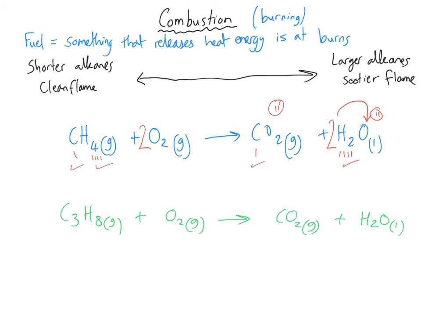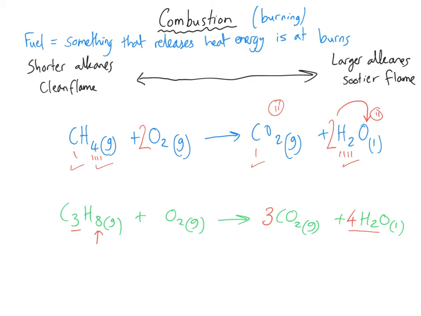If we look at this equation for propane's combustion, same idea, leave the oxygen until the end. We've got 3 carbon in the reactants, we need to have 3 carbon atoms in the products, and so we put the multiplier 3 in there. We have 8 hydrogen in the reactants, we need 8 in the products, so we put the multiplier 4 in there, because 4 times 2 equals 8.